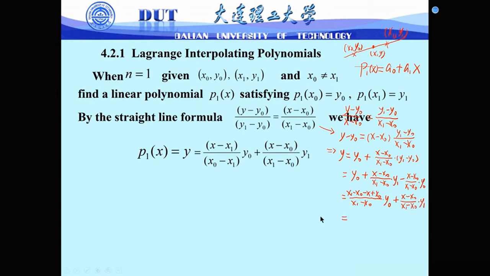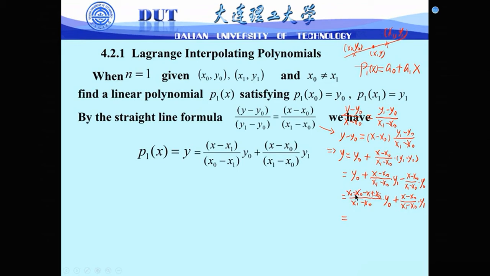Now you see, x0 minus x0 plus x0 disappears, right? So for y0, the numerator is x1 minus x and the denominator is x1 minus x0.